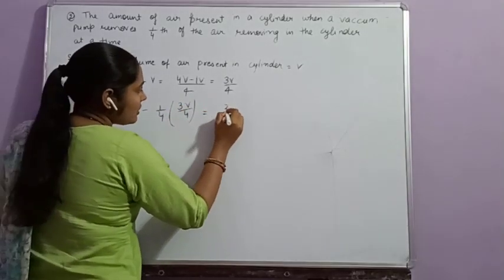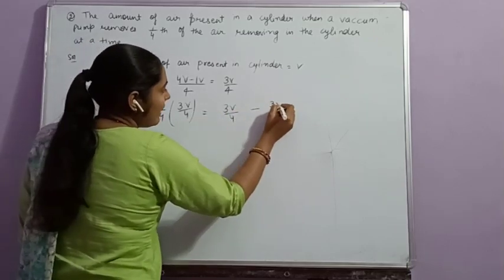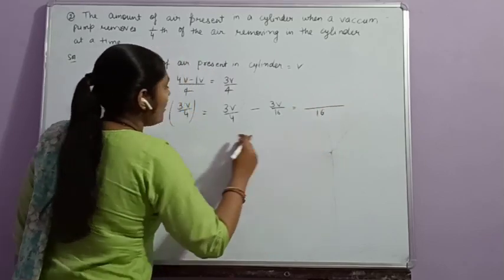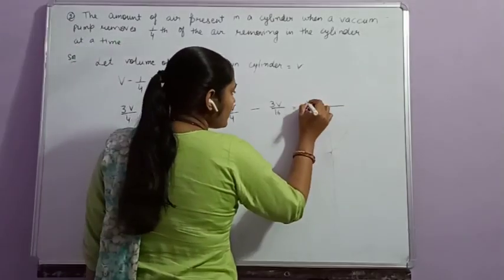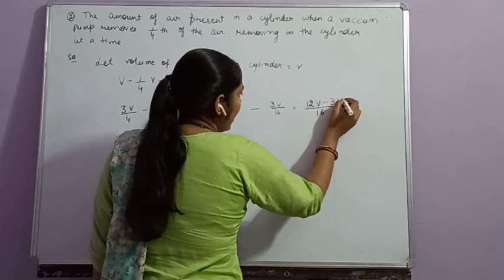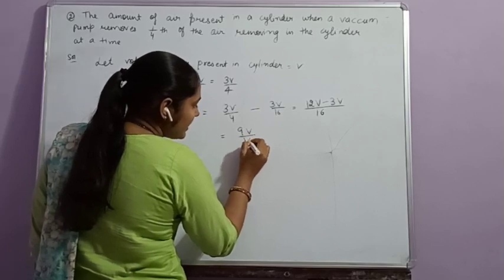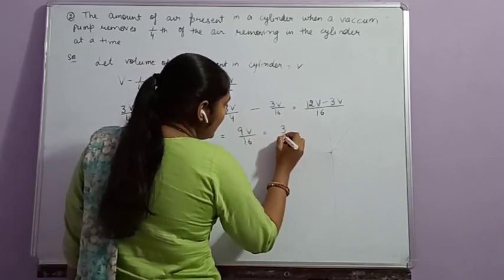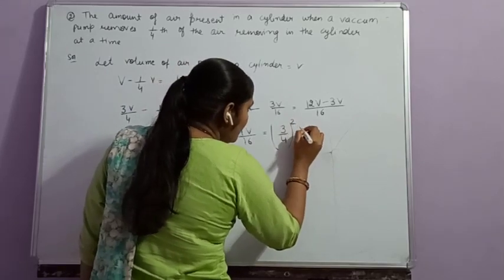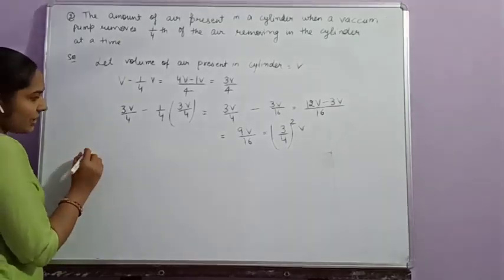We can write it 3V divided by 4 minus 3V divided by 16. 16 will be LCM. 4 4s are 16, 4 3s are 12. 12V minus 3V, that is equal to 12 minus 3, 9V divided by 16. It can be written as 3 divided by 4 whole square into V. Clear?